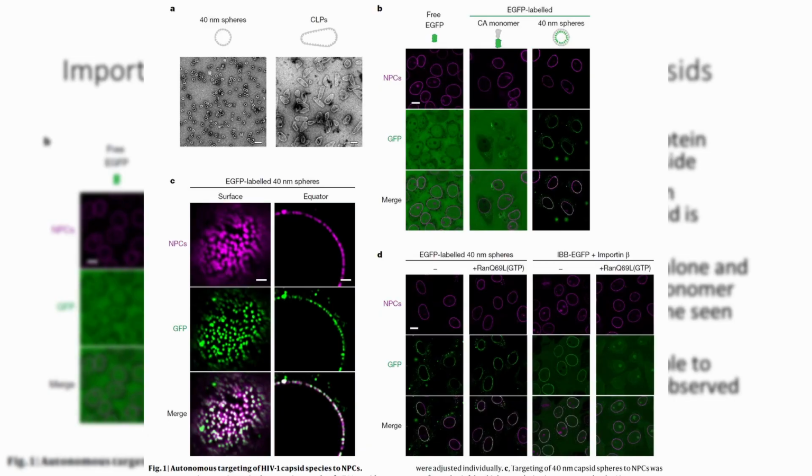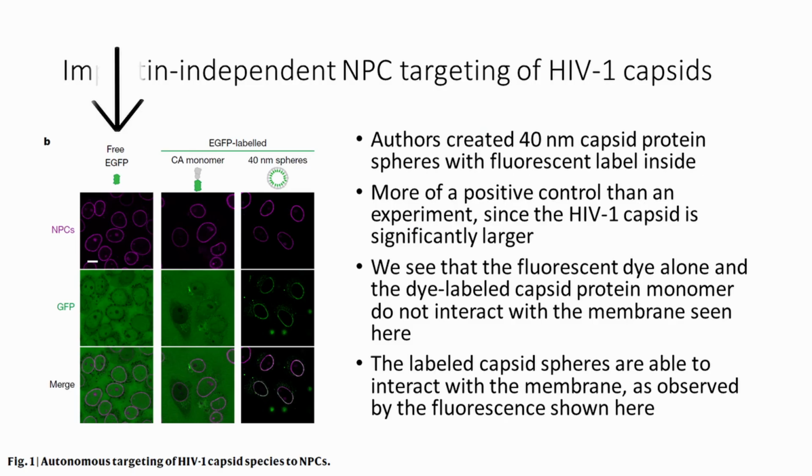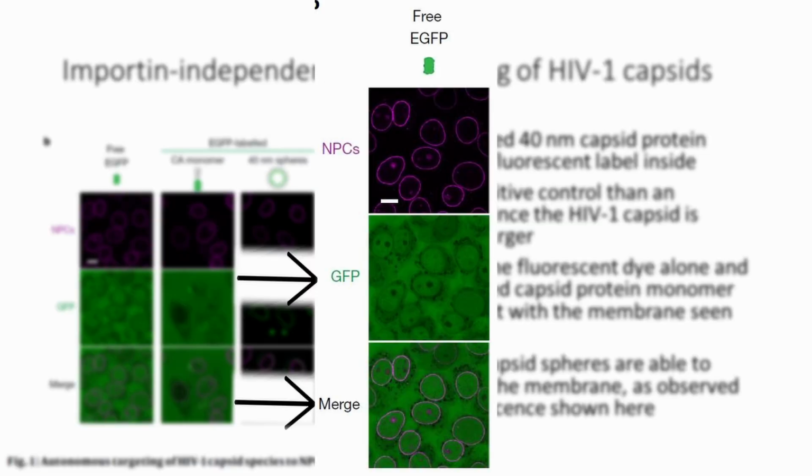This is an image from figure 1, and what you're looking at on the left-hand panel is the free fluorescent dye. It's really important to use this as a control to see if your dye interacts with your experimental condition. As you can see here, the fluorescence is saturated throughout the image and really shows no localization, which is expected because it's telling us that there's no meaningful interactions between the fluorescent label and the cells, which is exactly what we expect.